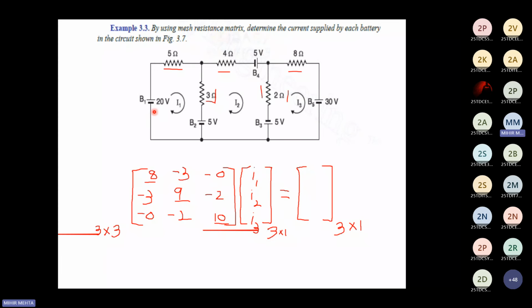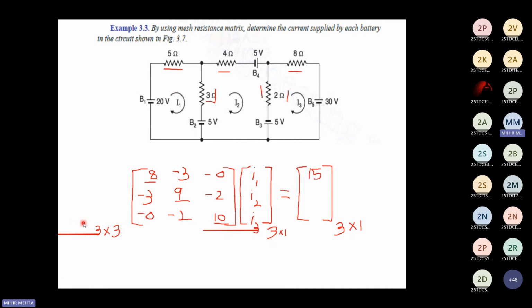Then moving here, you have the negative terminal first, immediately followed by the positive terminal. Since you are crossing the negative terminal first, you will take this as plus 20. So minus 5 plus 20 would become 15, plus 15 to be more specific.